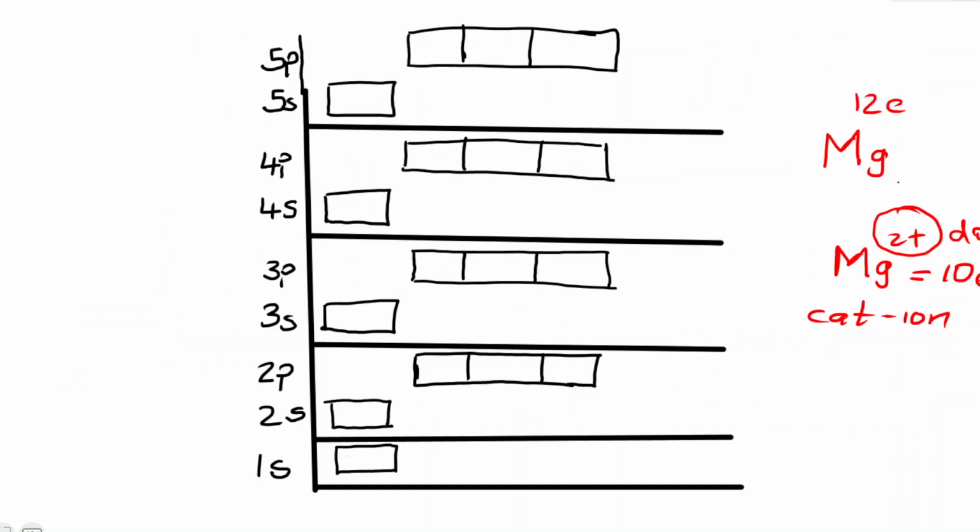So we start with the first one. 1, 2, 3, 4, 5, 6, 7. Then we pair it. 8, 9, 10. Next level. 11. Pair it. 12. Next level. 13, 14, 15. Pair it. 16, 17, 18.